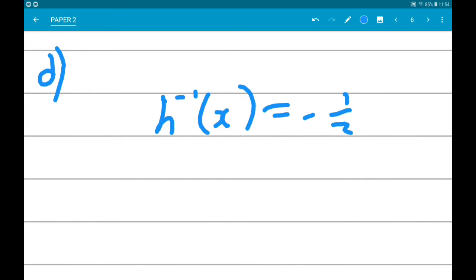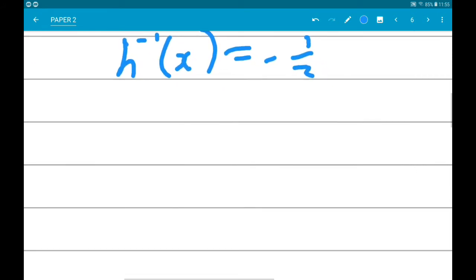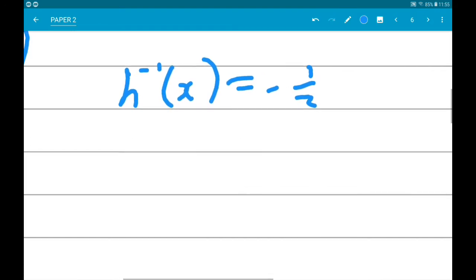So the way that we do that is take the function of both sides. We do this all the time with exponentials and logs. So, if we take h of h inverse, we just get x. And on the right, we get h of minus 1/2.